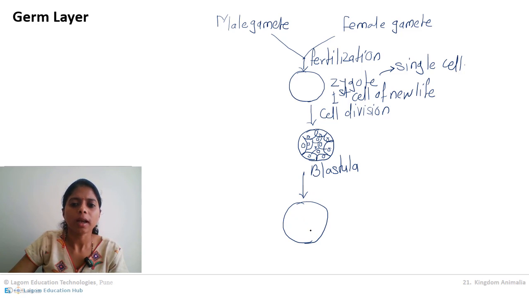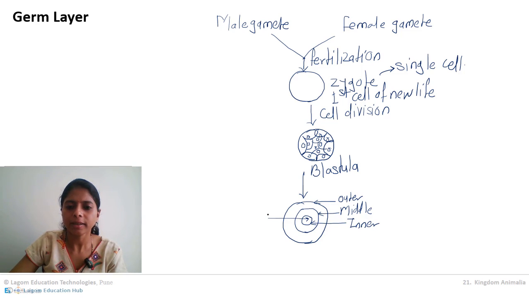So there is an outer layer of cells, there is a middle layer of cells, and finally there is an inner layer of cells. Suppose this is the outer layer of cells, this is the middle layer of cells, and this will be the inner layer of cells. And there will be space in between.